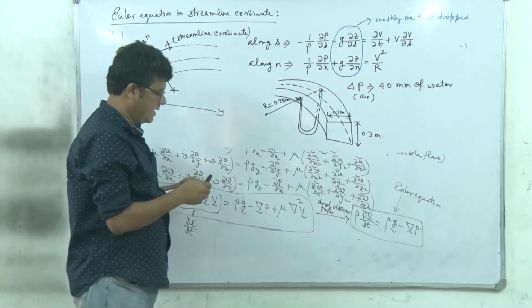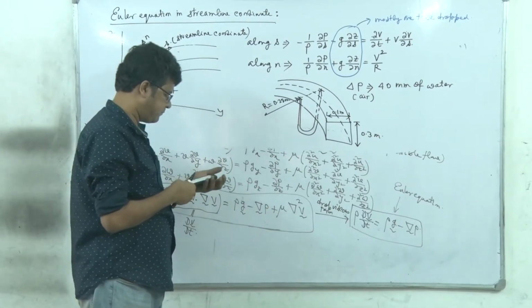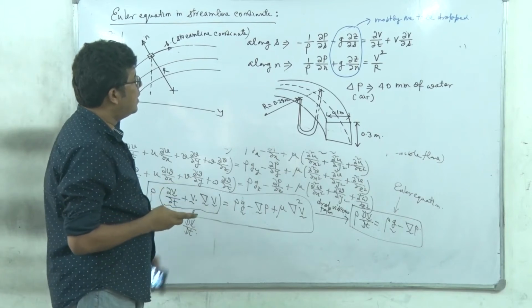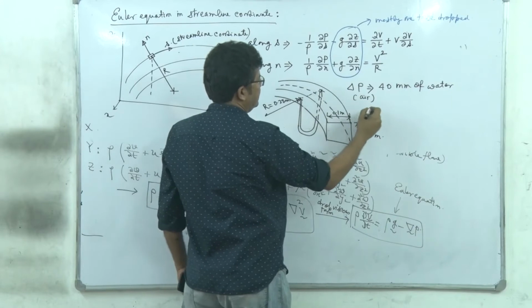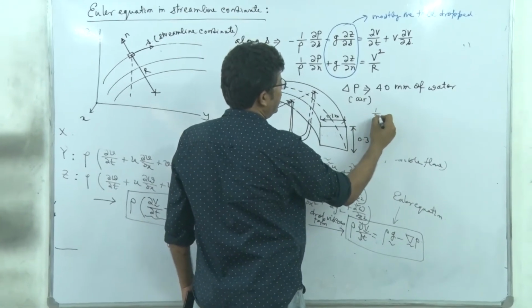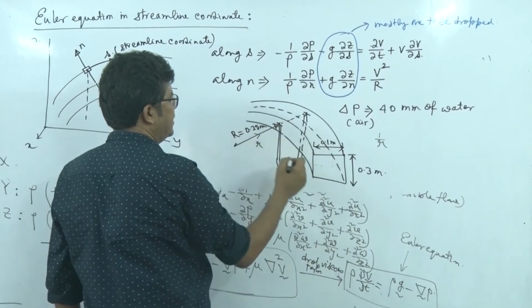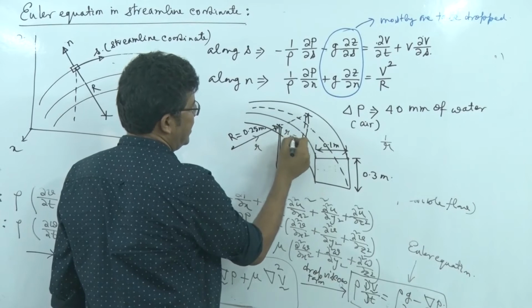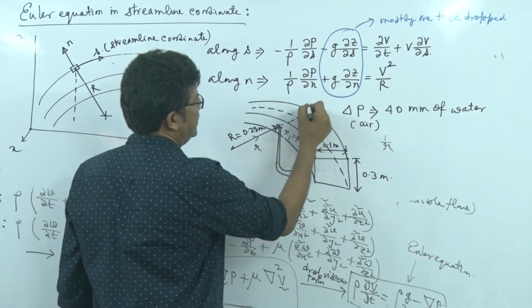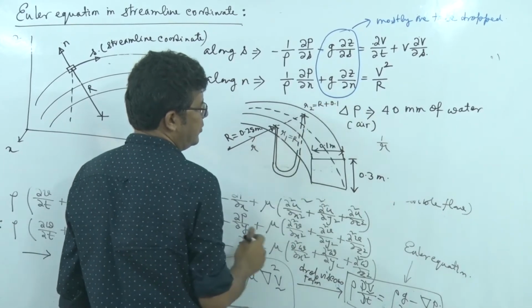So if I neglect the gravity term in the n directional equation, we can write 1 by r, and this coordinate, let's say it is r. Here small r1 is equal to capital R, and here r2 will be capital R plus 0.1, because this is 0.1.